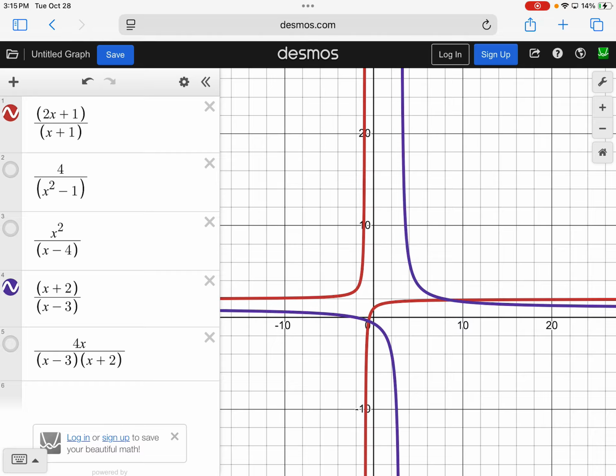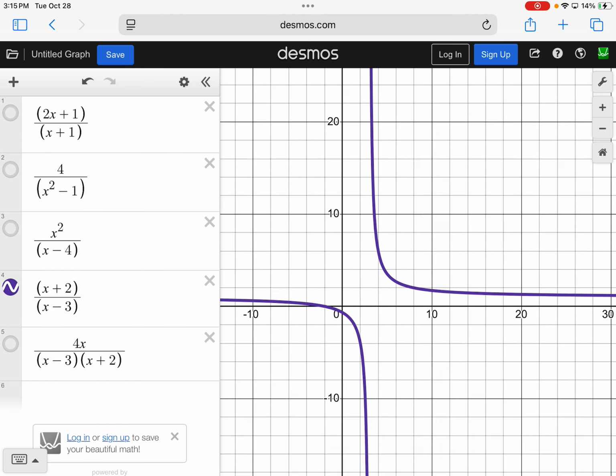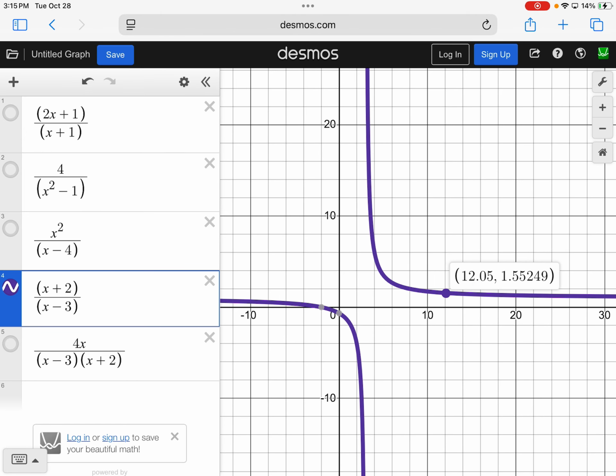So our first one we said had a horizontal asymptote at 2, the red one. Where does our second one have a horizontal asymptote? Well, I go past 1.5. What does it look like we're getting closer and closer to? 1. Where did we get the 2 from on our first one?